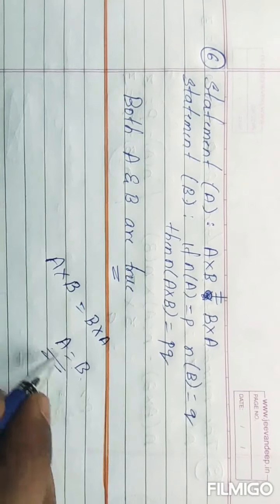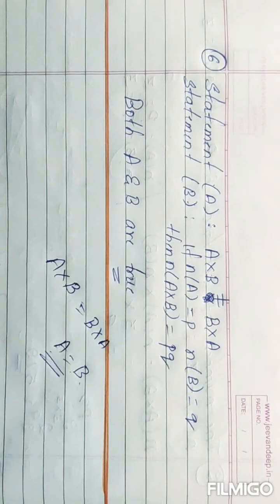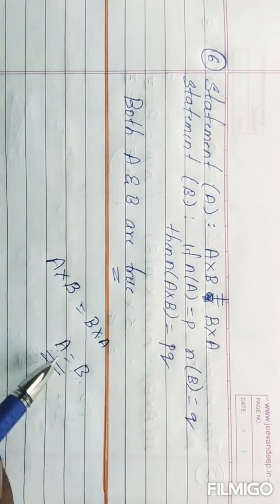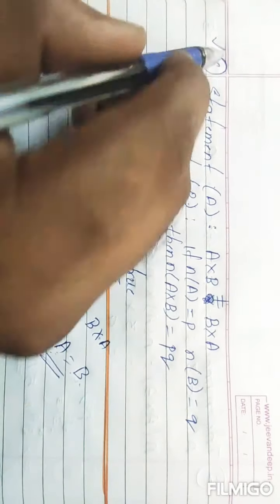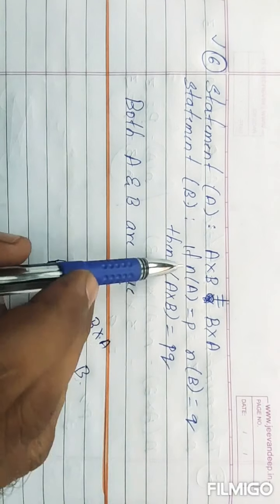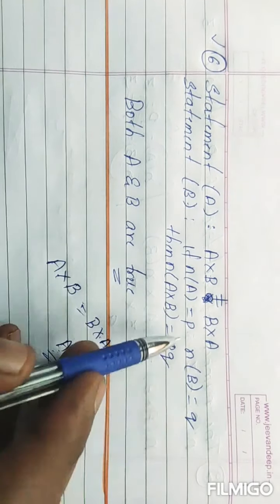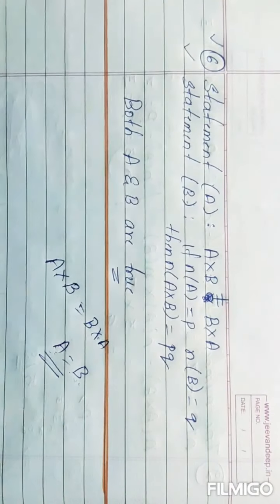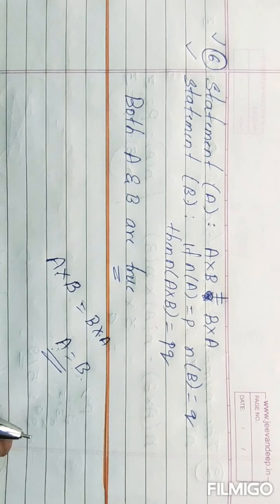Unless A and B are equal, A cross B is not equal to B cross A. That is equal only when the sets A and B are equal. Now, the first statement is true. Second statement, n(A) is p, n(B) equals q. Then n(A cross B) equals p into q. Statement B is also the formula. It is true. Both statements A and B are true.